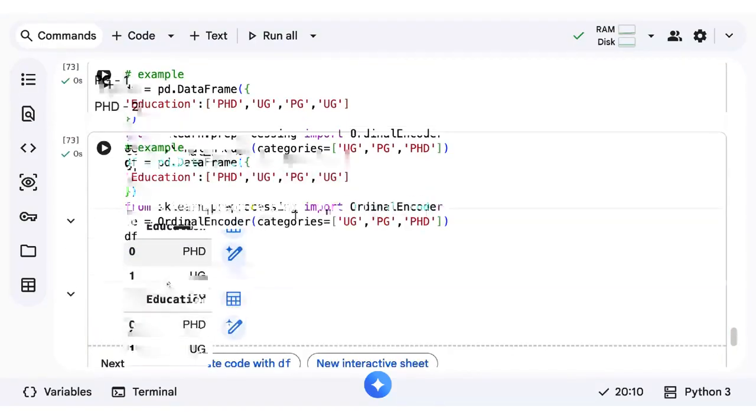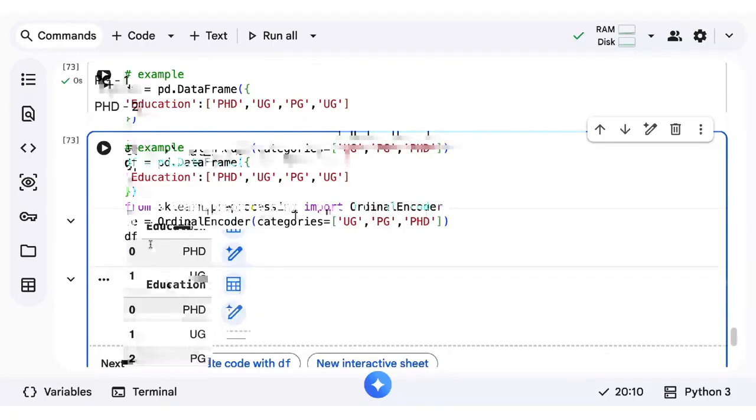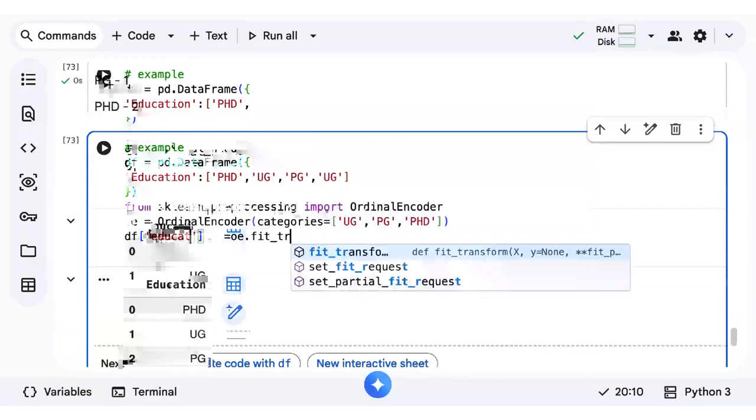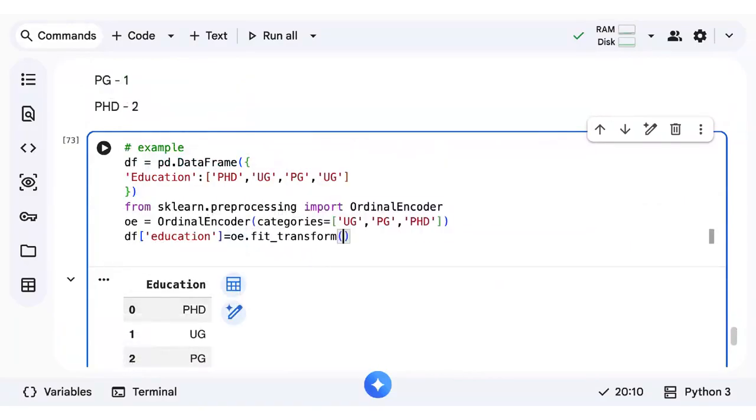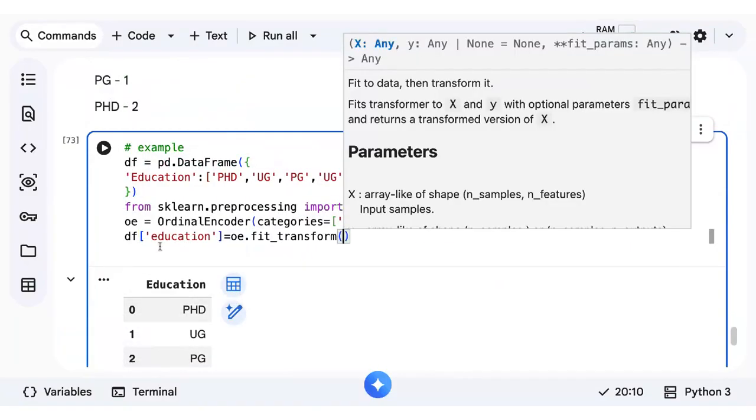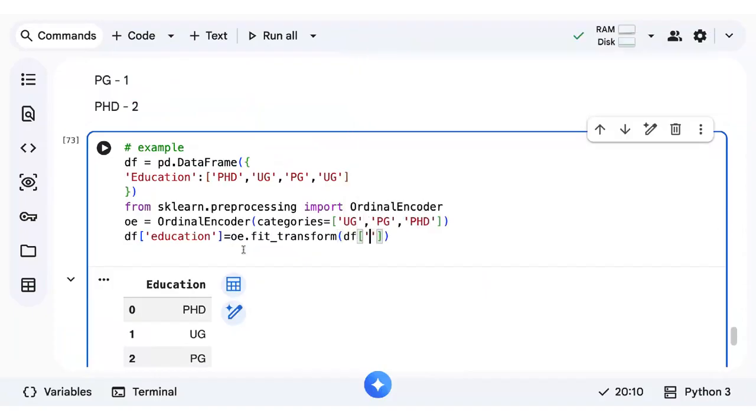This is your DF. I'll create a new column education, which is equal to ordinal_encoder.fit_transform, and we'll be passing the column df of education. So it's a capital E. This is your column. We're creating a new column.